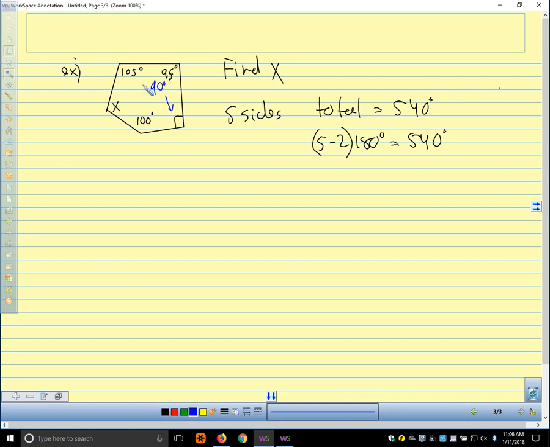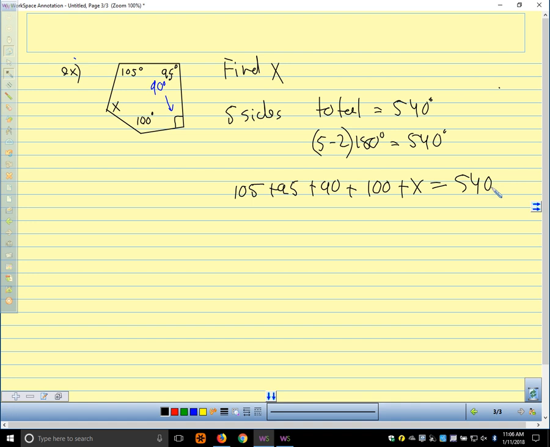And this would be the same for any polygon. If we want to find one angle, add all the rest up and subtract from whatever the total is that we know the angles are inside the polygon. So if we wanted to write an equation, I would say 105 plus 95 plus 90 plus x equals 540.